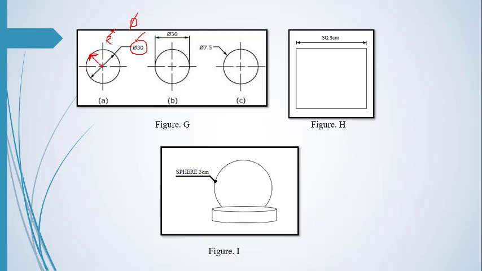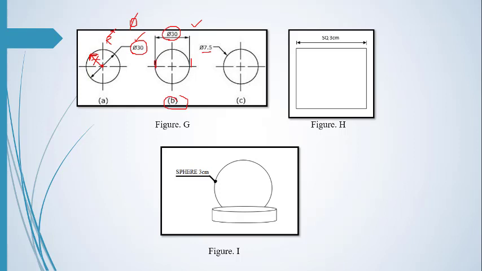However, we do not take the radius of the circle or the cylinder. In this case, we can also take the diameter from this point to this one and write here phi 30, or in this case we can write phi 7.5 units. So this is the method for circles and cylinders.